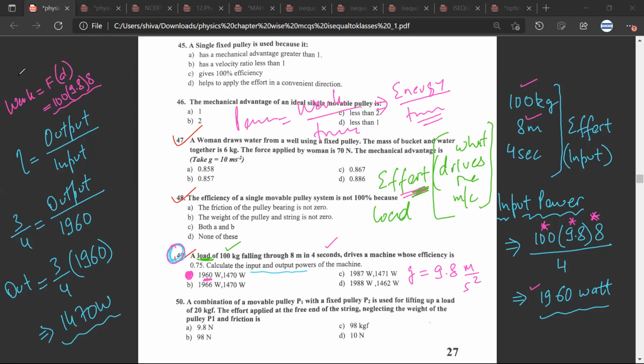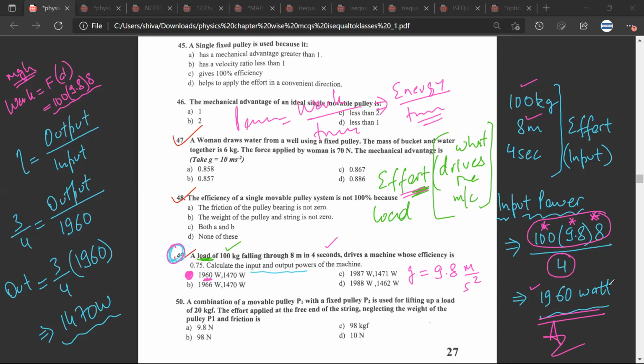One is this FD approach, the other is the mgh approach. Both are good enough. So in short, this is the work that you are doing, in 4 seconds. So the power that you are giving to the machine is 1960 watt. Mr. CB, any doubt?